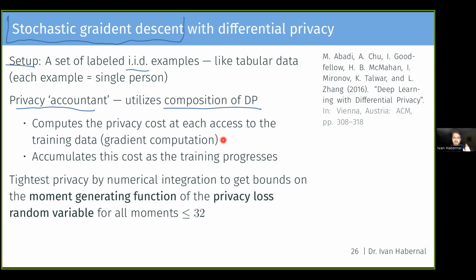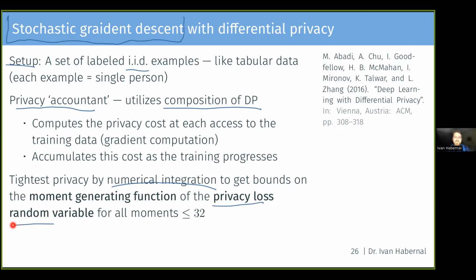The privacy accountant takes each step, remembers what budget was eaten there, and accumulates costs as the training progresses. This paper is very heavy, and there are many clever tricks in there on how to eat up as little privacy budget as possible and make it differentially private. They proposed numerical integration to get bounds on the moment generating function of the privacy loss random variable for all the moments up to 32.